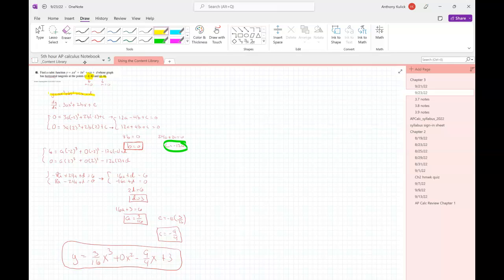The y equals the slope? Well, the y in this case is the y coordinate of the point. In the derivative, the y coordinate from the point means nothing to me. Okay. But the x, we're told there's a horizontal tangent there, so it tells me that the derivative is equal to 0. Okay. Gotcha. Exactly. Yep.